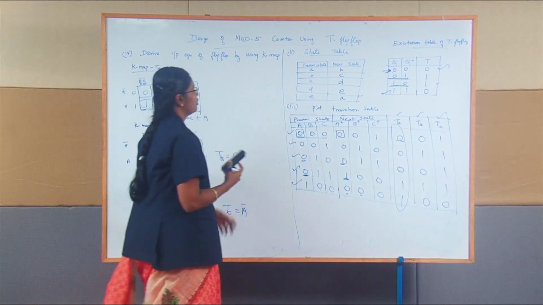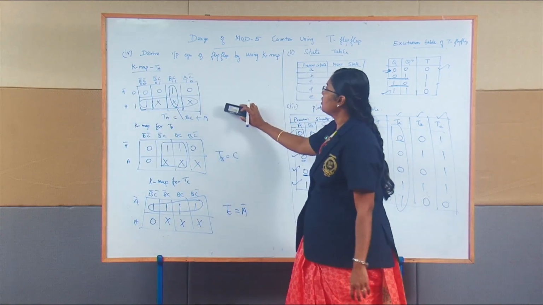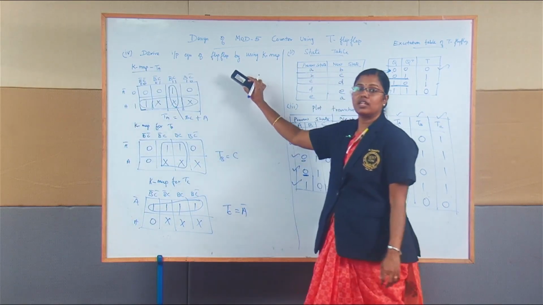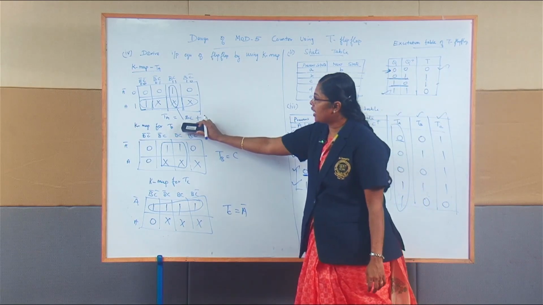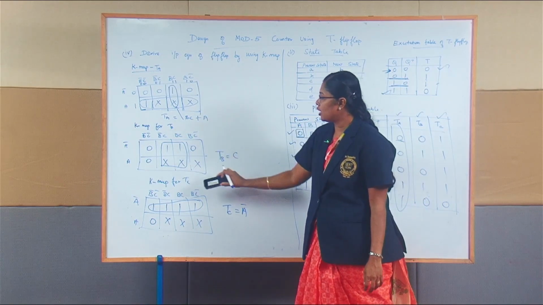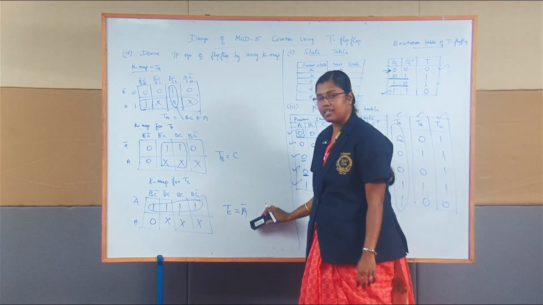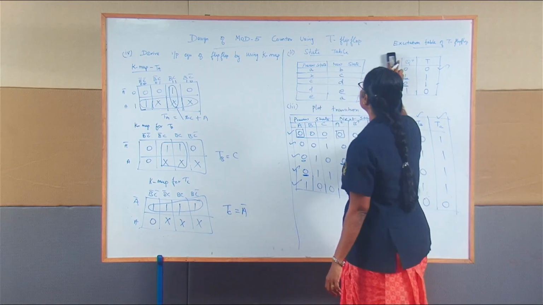So now we have derived the input equations of the T flip-flops: TA is BC plus A, TB is C, and TC is A bar.